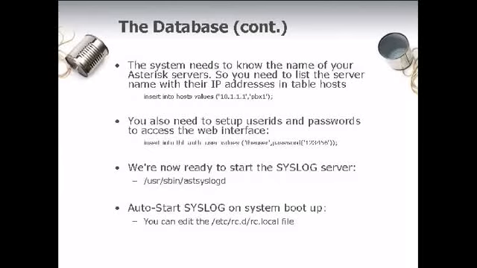So once you've created the database, we have a table called hosts. So the system, instead of putting the IP addresses of all your hosts on the menu, you want to put a little short name. It's easier to remember. We didn't write a nice web interface to manage the system, just to show logs. So for now, we need to insert the IP addresses of each host manually in your database.